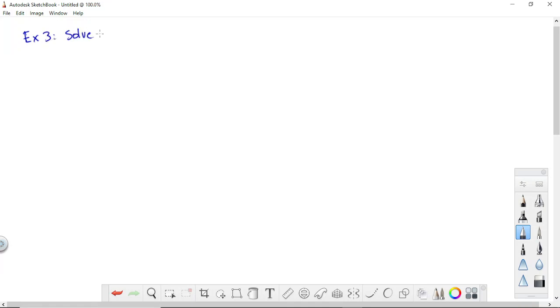Solve using the quadratic formula, and here's this one. Okay, so the first thing we might notice is this one's already in standard form.